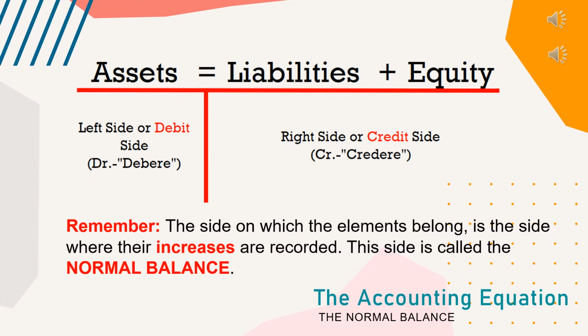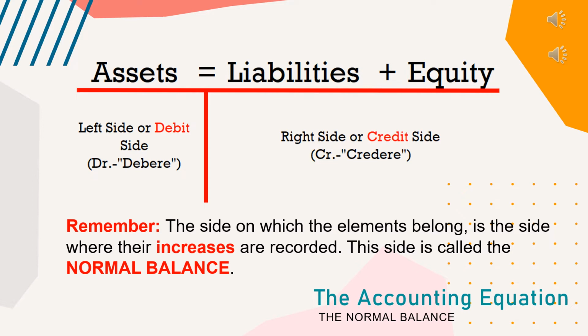Conversely, when that transaction resulted to a decrease in asset, that decrease in asset is recorded as credit. Needless to say, the normal balance of an asset is debit. Again, the normal balance of an asset is debit.